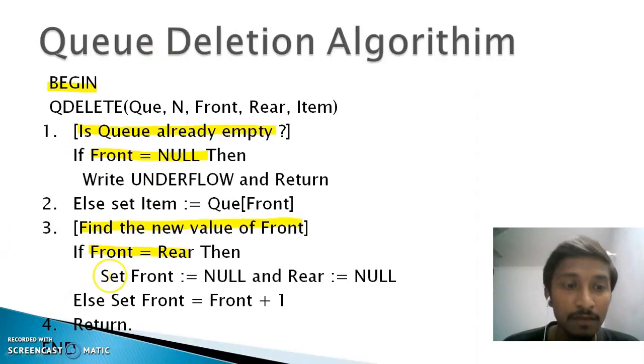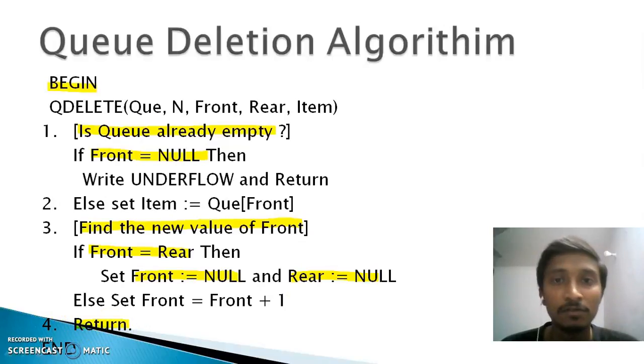Then set front is equal to null and rear is equal to null. We will delete that front element, and the front will be allotted null and the rear is also allotted null. Else front is equal to front plus 1, meaning if there are more than one value in the queue, 2 or 3 values, then front will be incremented by 1. Return end. This will complete the deletion algorithm.